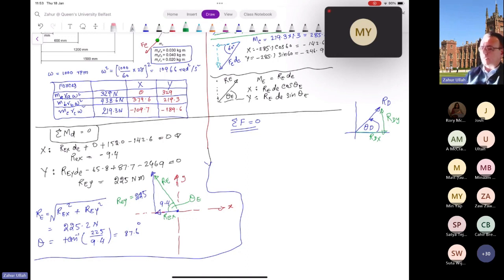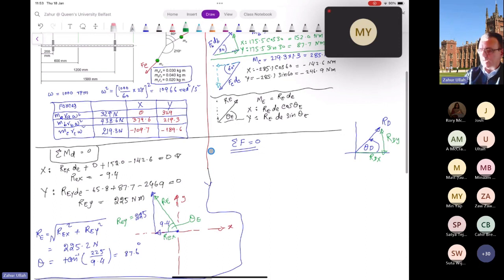The first force we have is this RDX, for example, in X direction, which is obviously positive since we are assuming this is positive. And then you have the X component of the first force, which is 0 here, so plus 0.